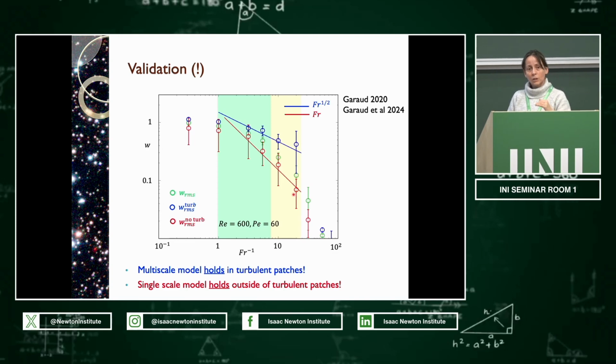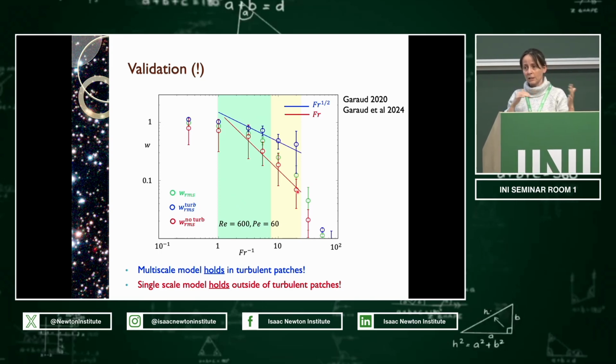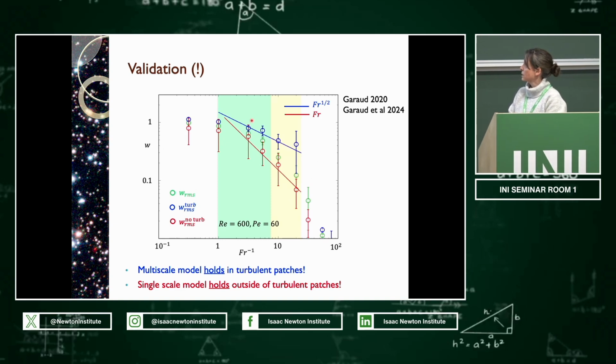And now it becomes much more convincing that the multi-scale model really works, because that is the prediction for the multi-scale model. That is the prediction for the single-scale model. And you can see that both outside of the turbulent patches and inside of the turbulent patches, the models work where they should work. So that gives us a much better confidence as to the validity of the multi-scale model in the turbulent patch and the validity of the single-scale model outside of the turbulent patches.